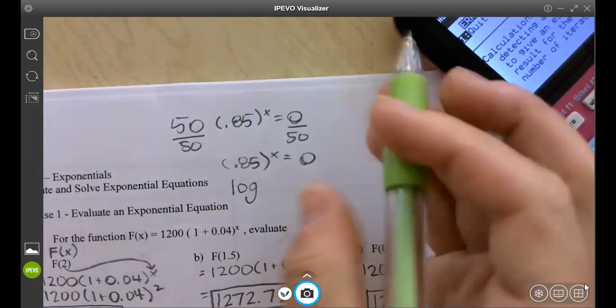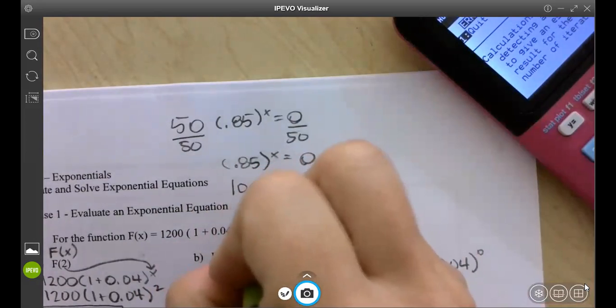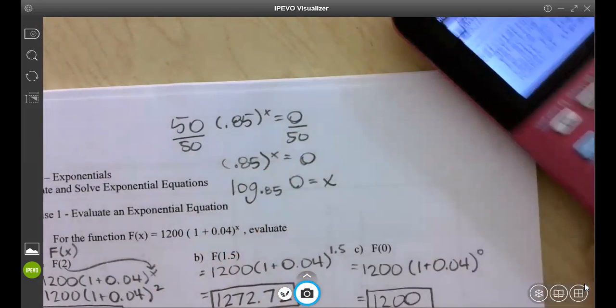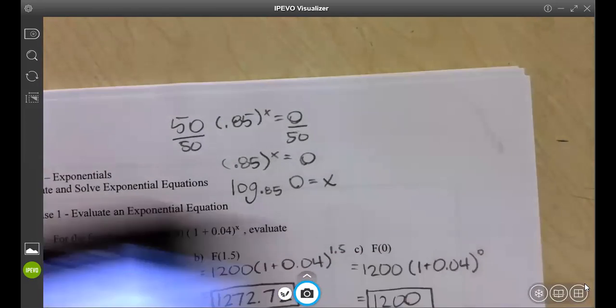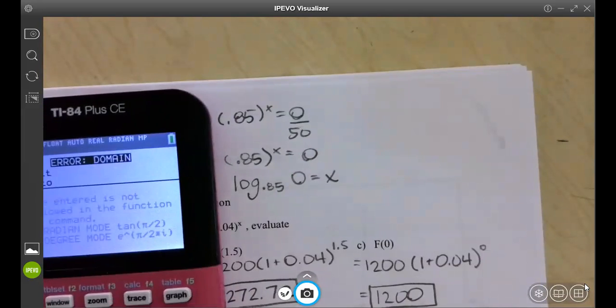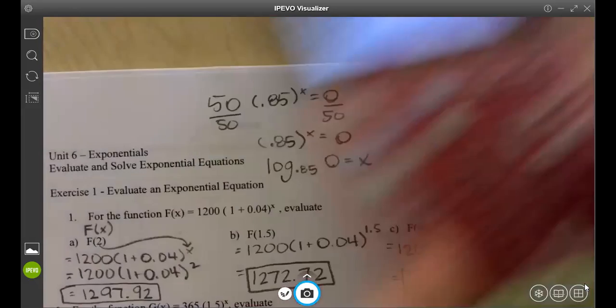Again, it's math 3. Don't freak out. Your leftmost number is 0.85, your right is 0, and your middle is x. When I put this in my calculator, what happens? Another error. So it doesn't work. The more you zoom out, if you keep getting that, you know it's not going to be a solution, okay? So it takes a long time to get there.